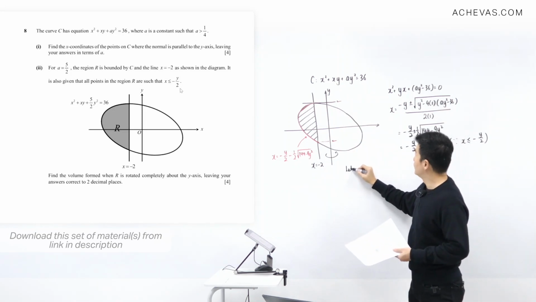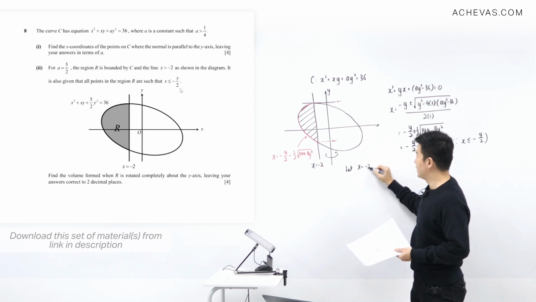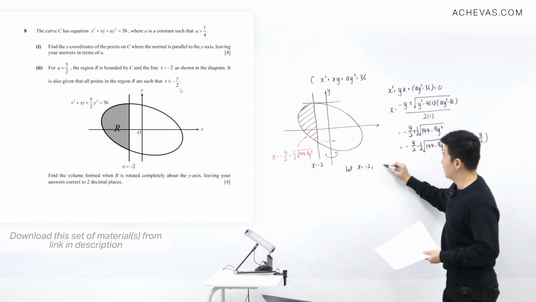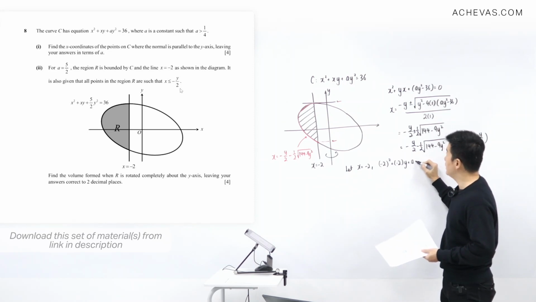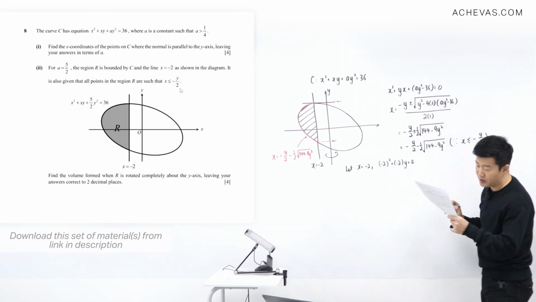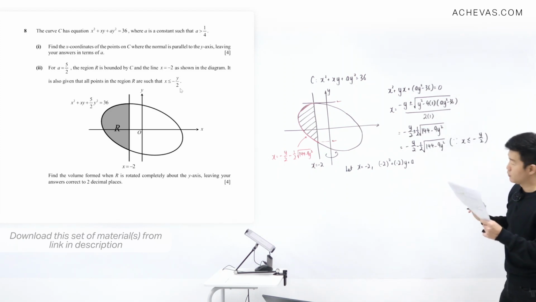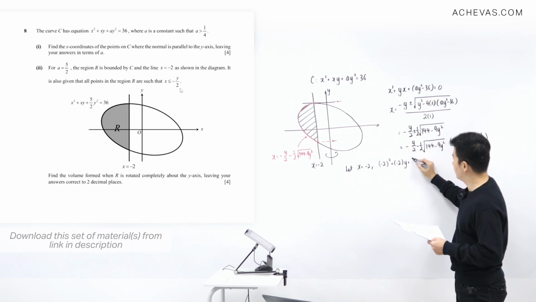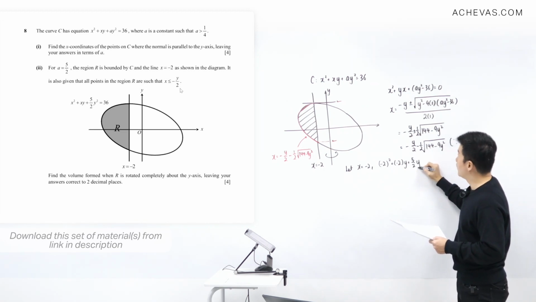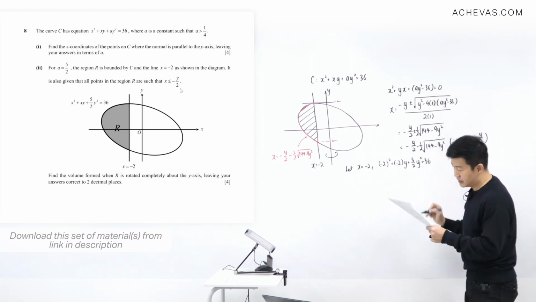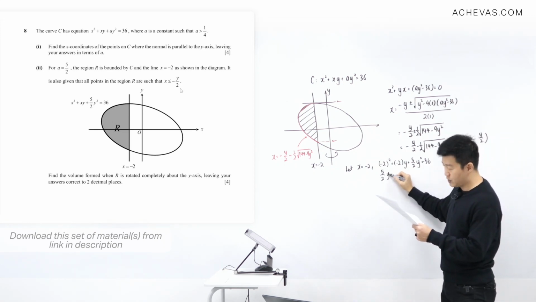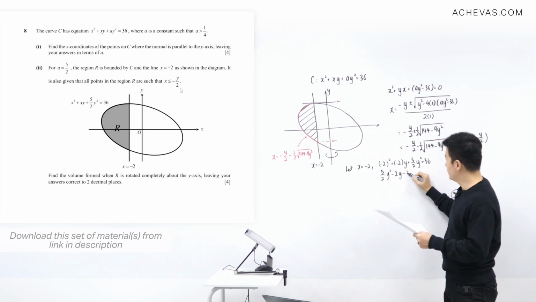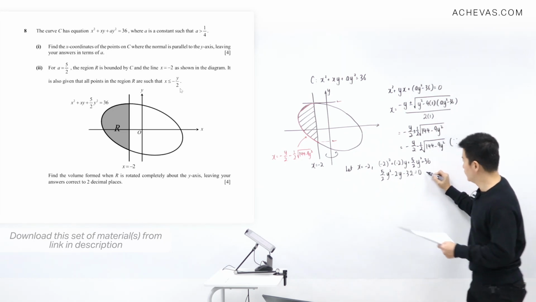So if I were to let x be equal to minus 2, that means we will have minus 2 squared plus minus 2 times y plus a times y squared is equal to 36. We actually know a is equal to 5 over 2. So here is 5 over 2. Then y squared, this is equal to 36. And we will get an equation 5 over 2 y squared minus 2y minus 32, this is equal to 0.